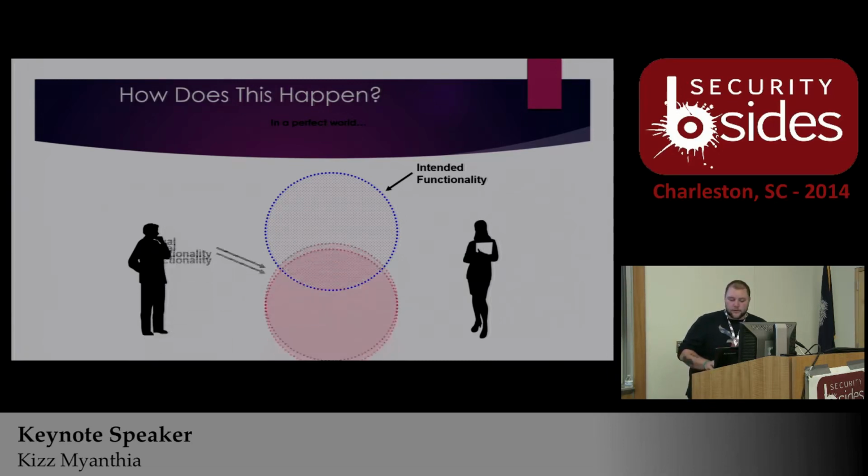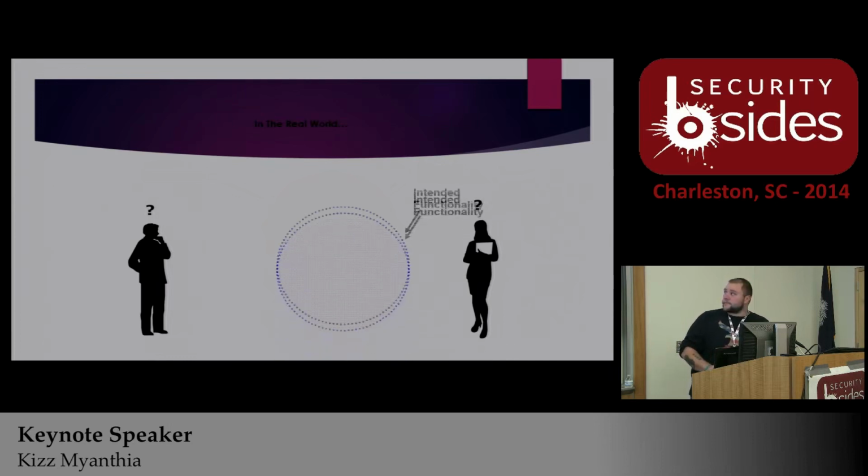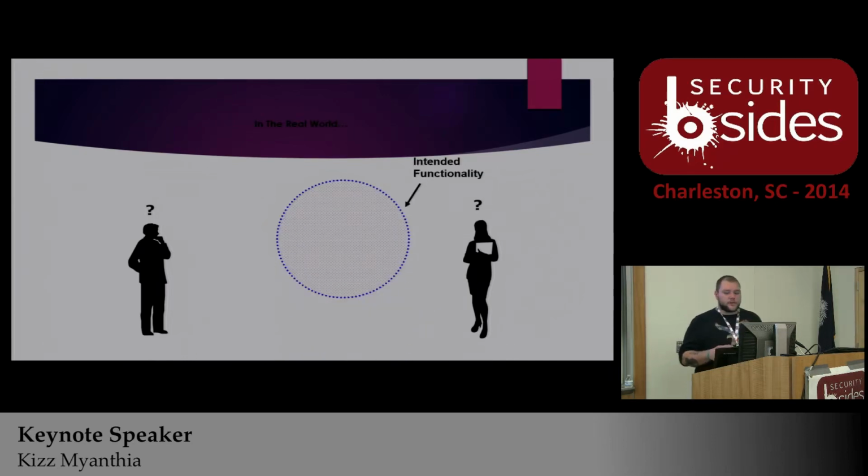As a result, you have your intended functionality, which is developed by your development teams. These are the coded-in functions, the business functionality. And then you have the actual functionality. In the real world, you have the way it's expected to work, and the way it actually works.